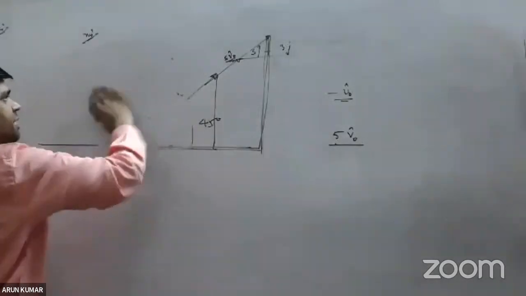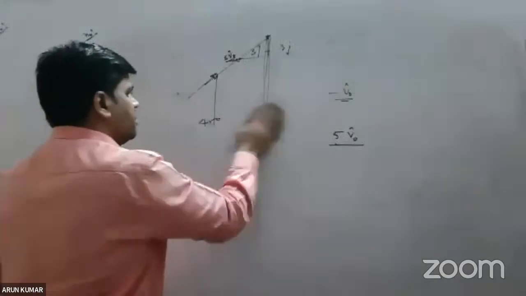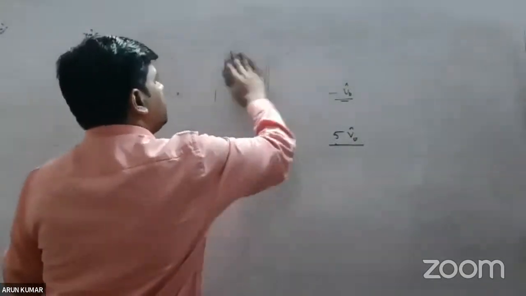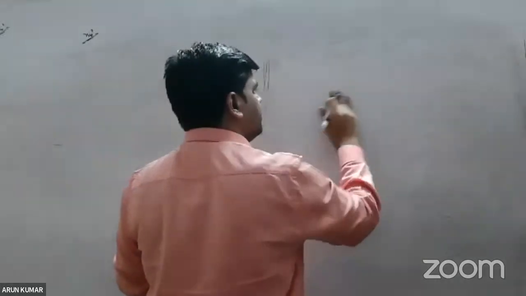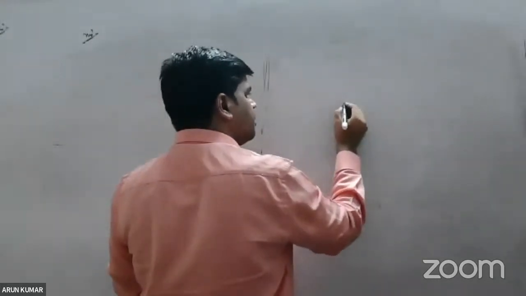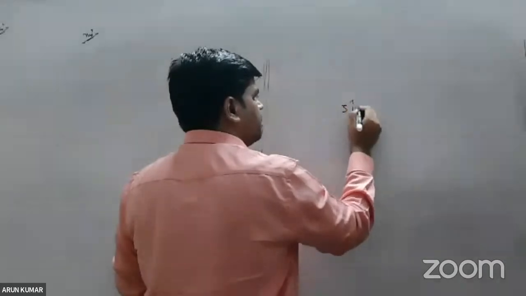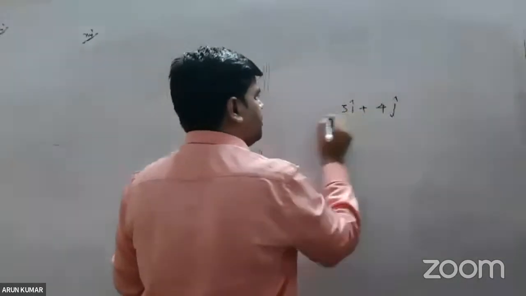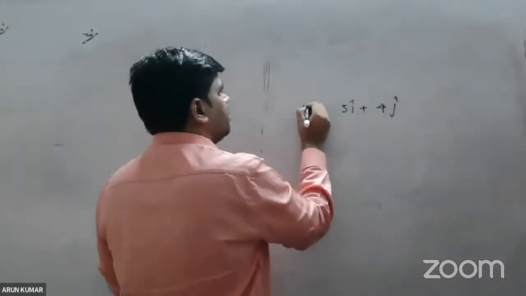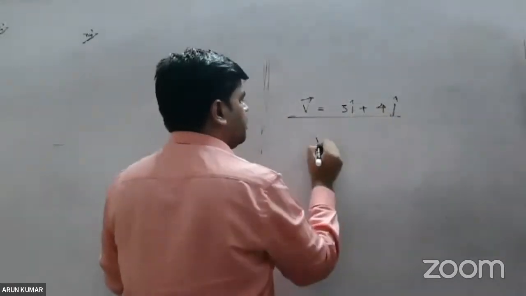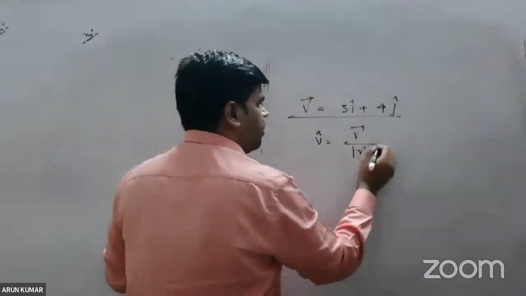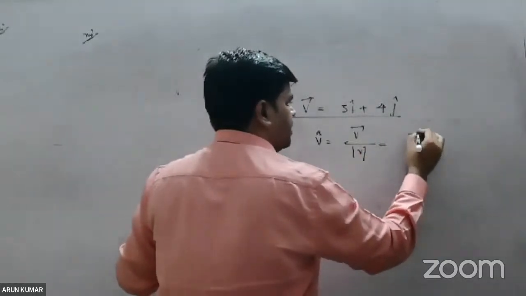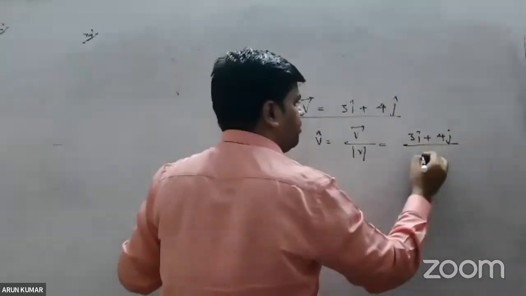Now I'll give you another vector. Please tell me the unit vector. 3i cap plus 4j cap. I want v cap, which is nothing but v bar by mod v. V bar is 3i cap plus 4j cap, divided by mod v.